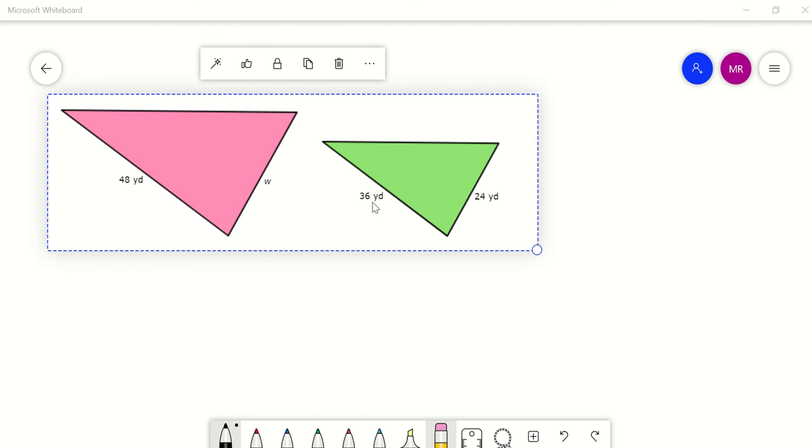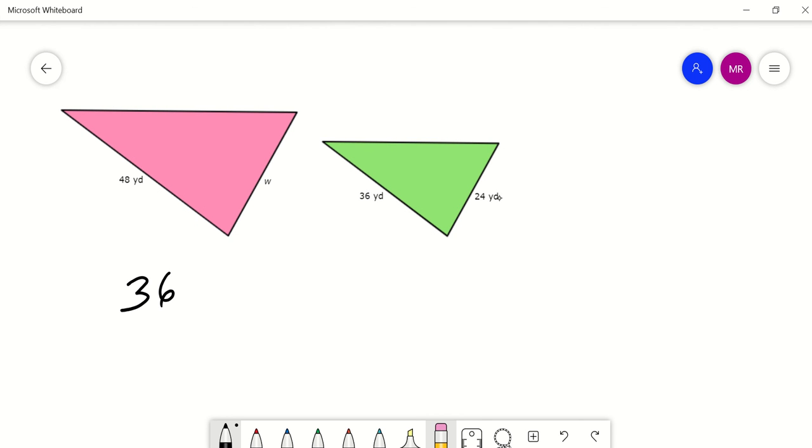We have a longer side of 36, a shorter side of 24. So let's take a look at the longer side, 36. This longer side of 36, what do you think it corresponds to, 48 or W? Just visually, it appears that this triangle on the right has been blown up a bit, and it looks like it corresponds to 48. So we're going to say 36 over 48.